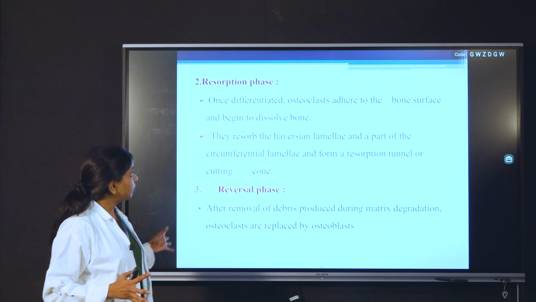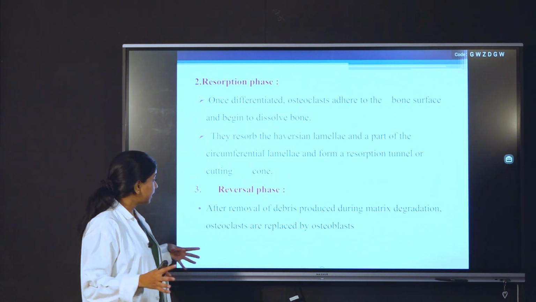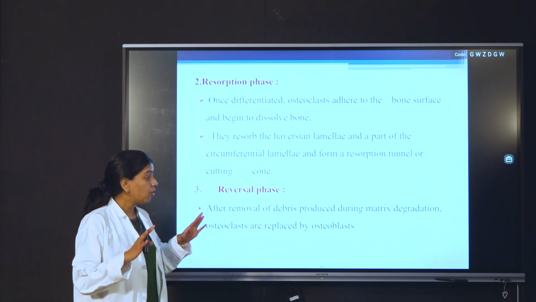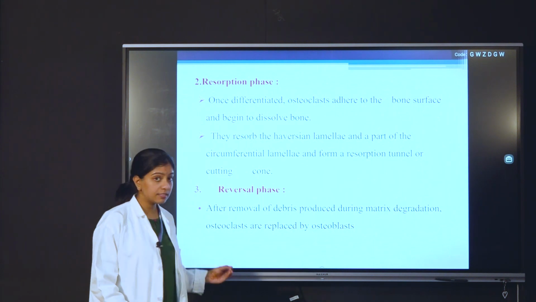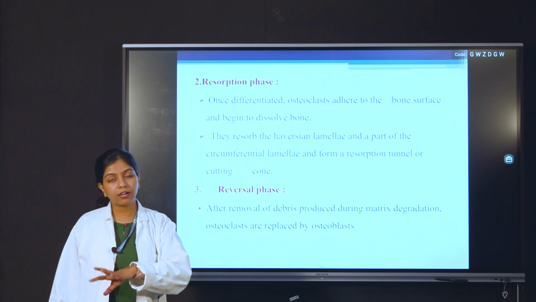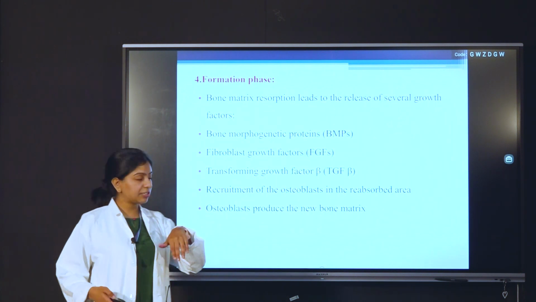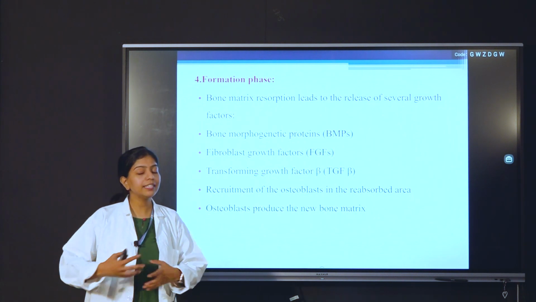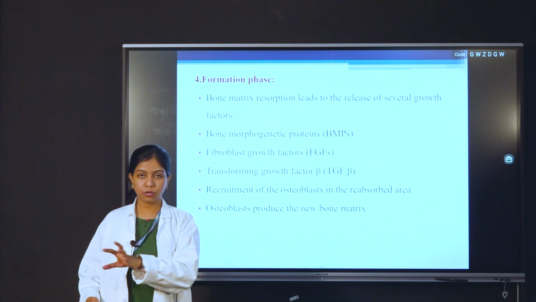Once bone resorption has occurred, there is a reversal phase. That is, after removal of debris produced during matrix degradation, osteoclasts are replaced by osteoblasts. Finally comes the bone formation phase, where the osteoblasts start laying down the bone matrix.